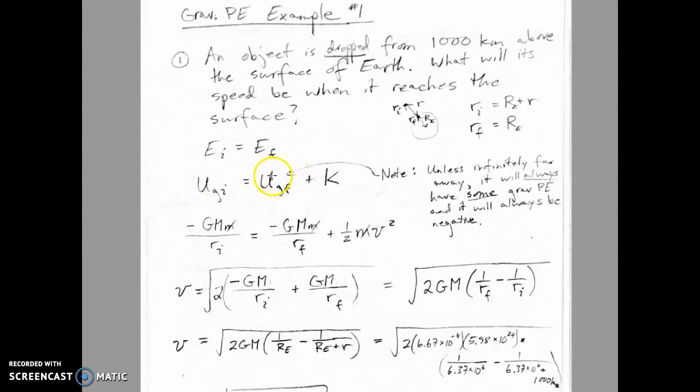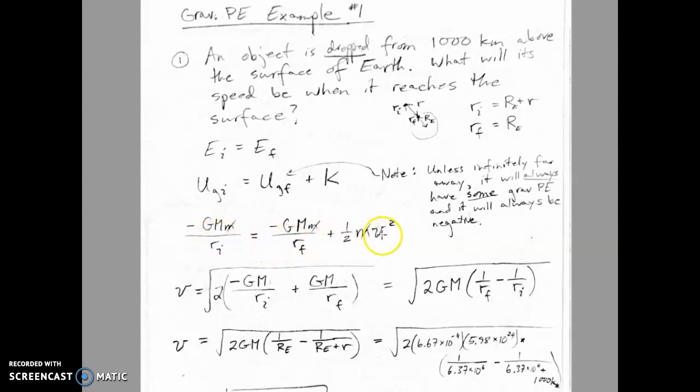And the final is when it's at the surface of the Earth. Now that is not zero anymore because everything now is measured relative to r equals infinity, right? So that's where zero would be, but this is not r equals infinity. This is at the surface of the Earth. So this is another gravitational potential energy term.